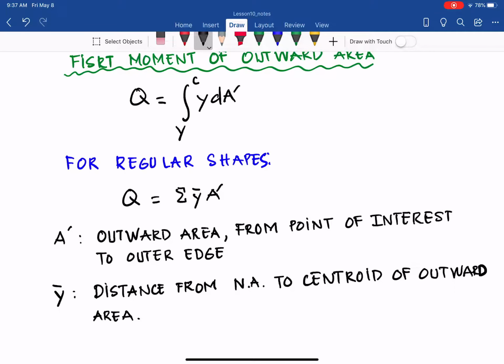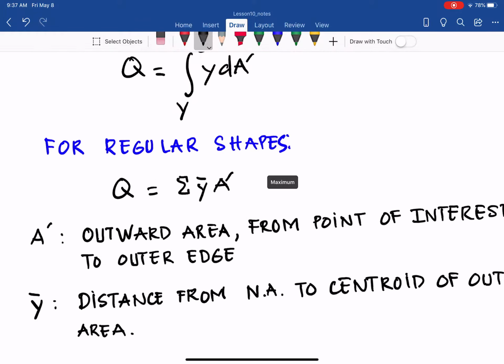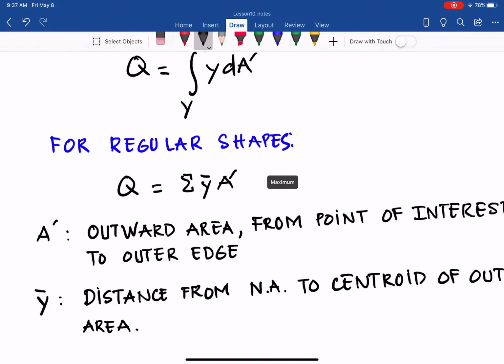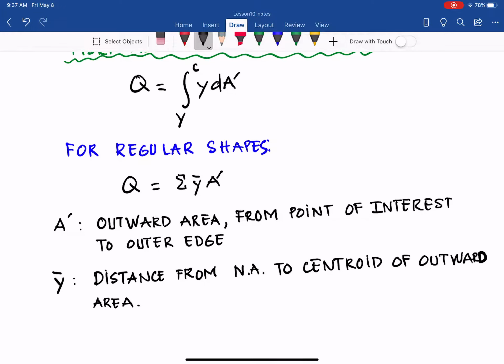So basically, A' equals the width of the beam times a function of y from the neutral axis, and y bar also depends on y from the neutral axis to the point of interest. I'm not going into the math in detail, but Q is a function of y squared. So what does that mean?